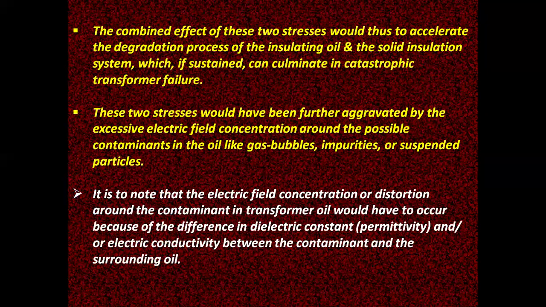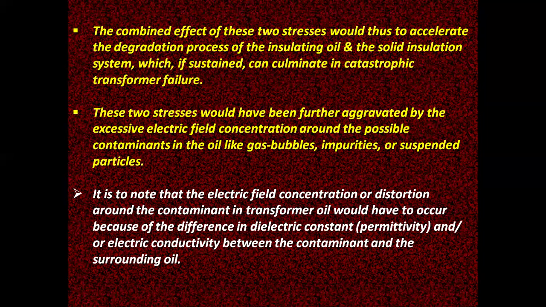The combined effect of these two stresses, thermal stress and electric stress, would accelerate the degradation process of the insulating oil and the solid insulation system, which, if sustained, can culminate in catastrophic transformer failure.